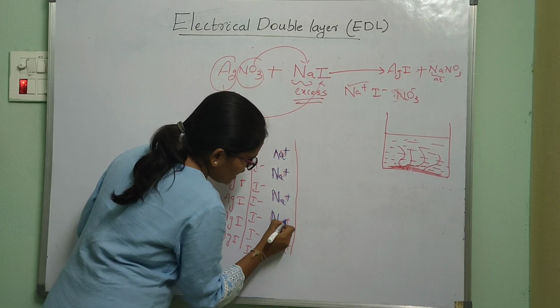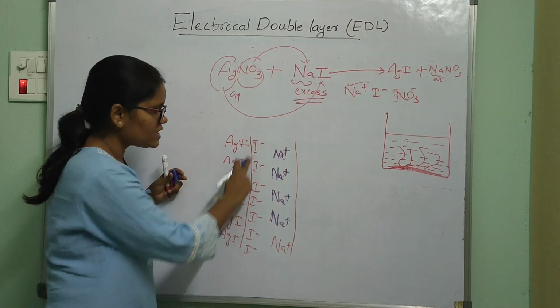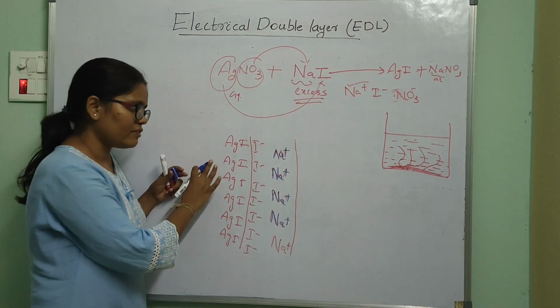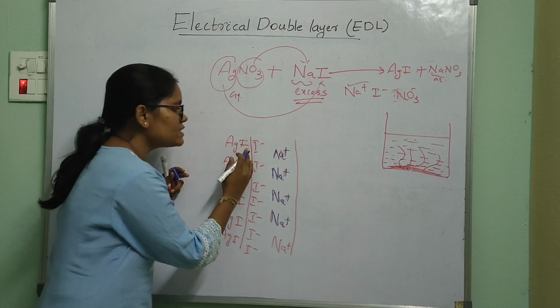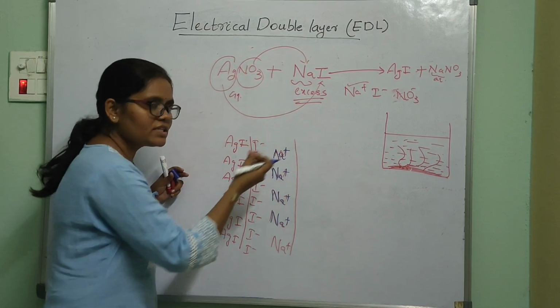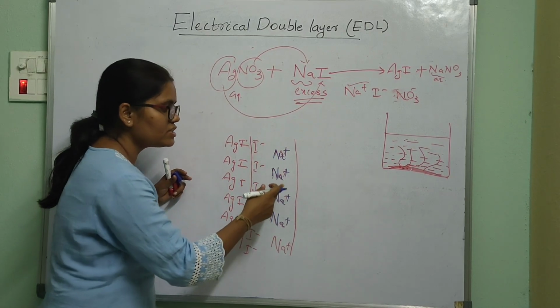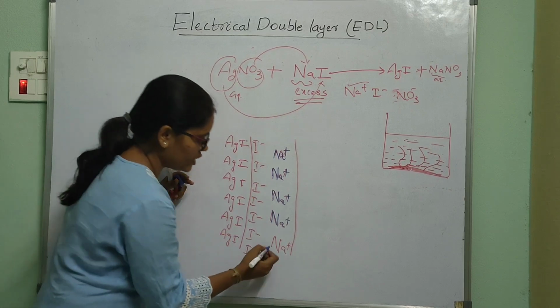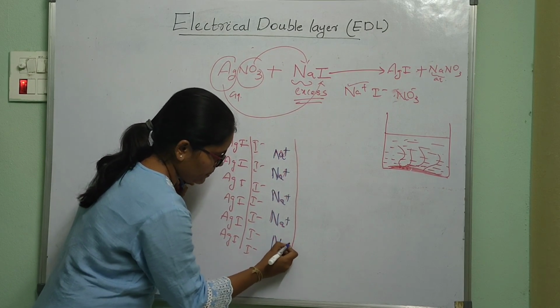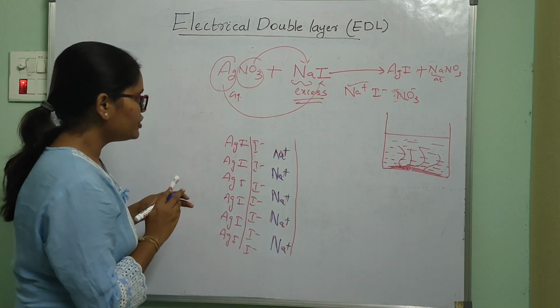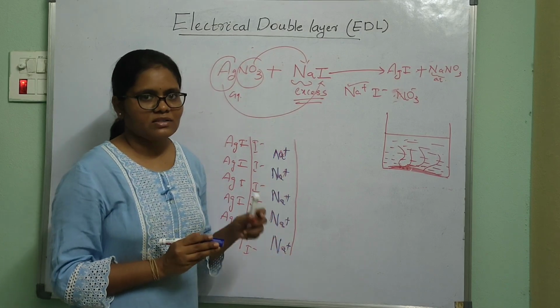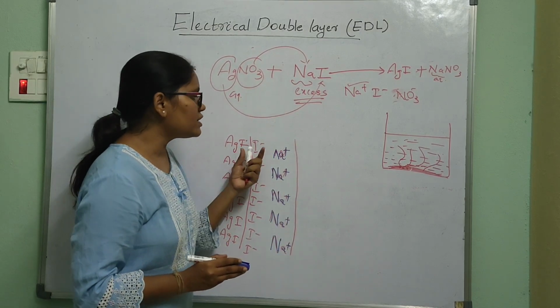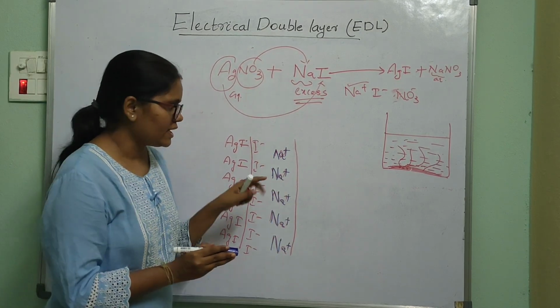So this surface had absorbed I minus ions. As a result, the colloidal particle has acquired negative charge. Since it is negatively charged, it is attracting all the positively charged ions, that is sodium ions, around it. And we know that between negative and positive charge there exist electrostatic forces of attraction, right?